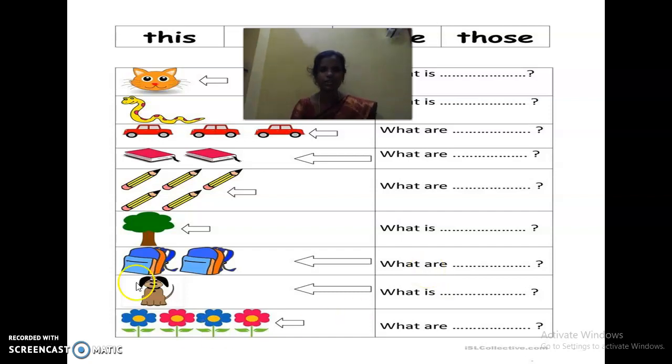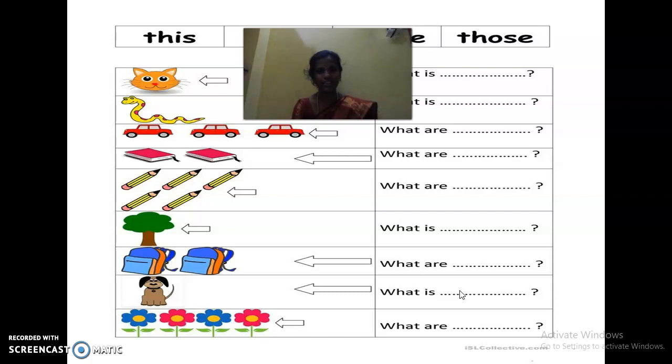Okay. The next one, this, that, these, those. What are the answers? You have to write it here. What is that? Why do we want to write that? Because it is singular. The dog is singular and it is far away from the person.